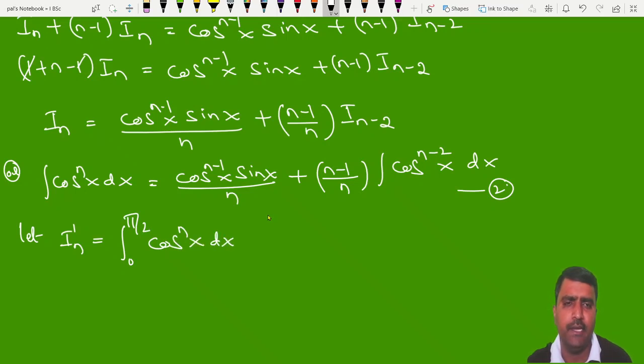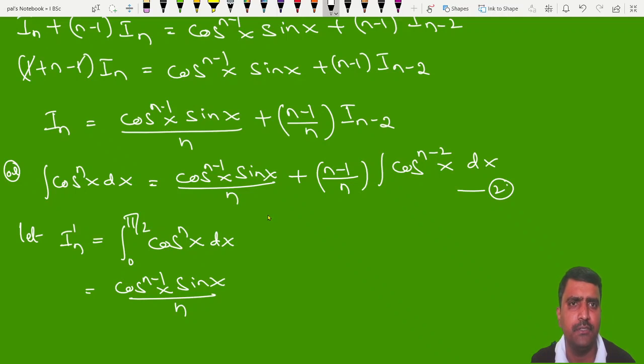We already evaluated the integration without limit. Just keep that same value and apply the limit to that. Then it is equal to cos to the power n minus 1 x into sin x divided by n. I am writing this by using equation 2, because this is the integration of cos to the power n x value.